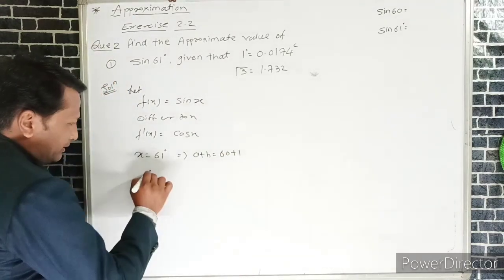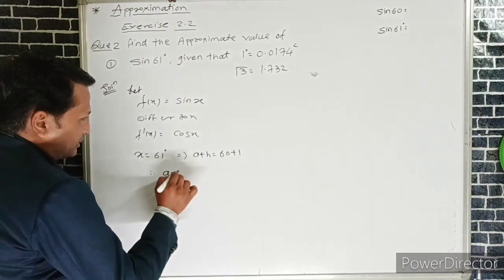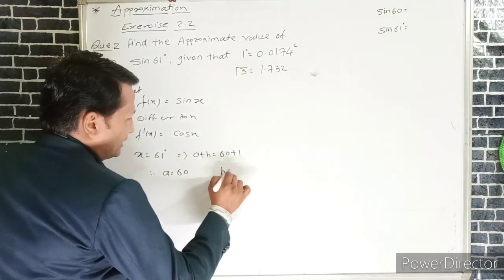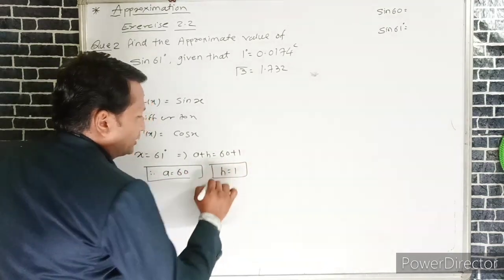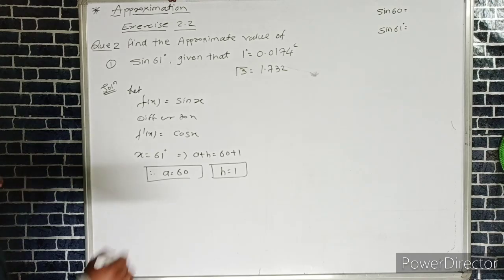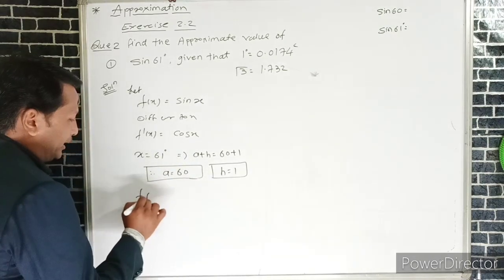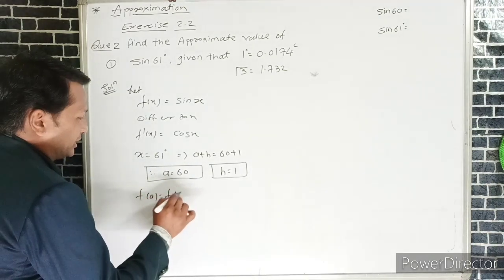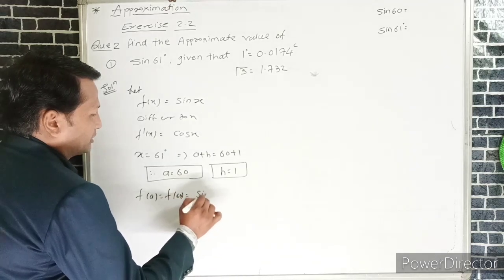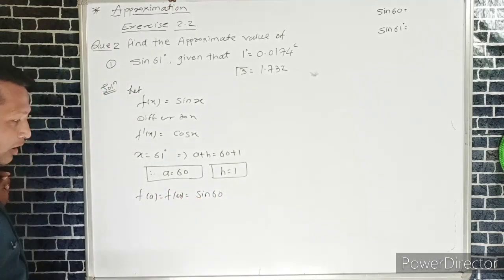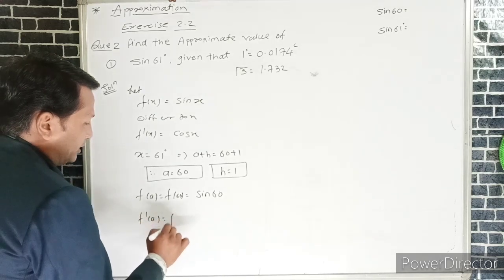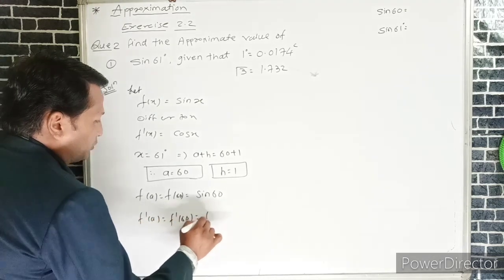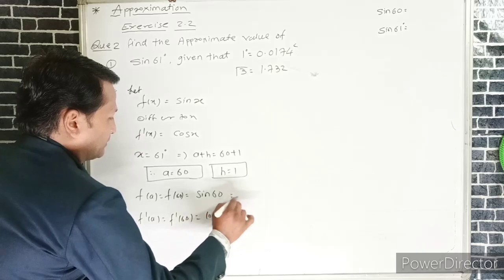So the value of a is 60 degree, and h is 1. By using this value of a, we can find f of a, which is sine 60. Also f dash of a is f dash of 60 degree, which is cos 60 degree.